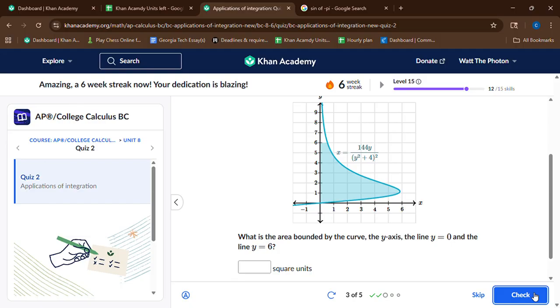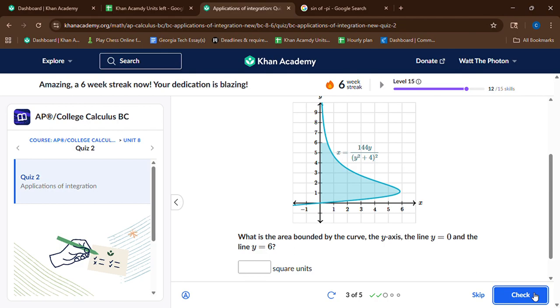So we get dy is equal to 1 over 2y du. So we get 144y over 2y times 1 over u squared.